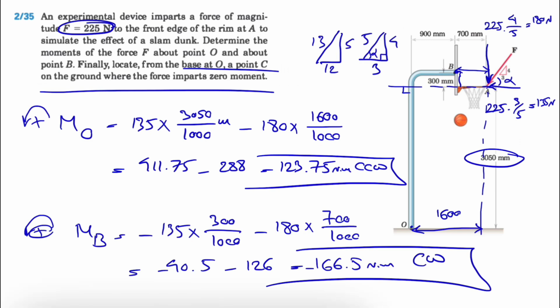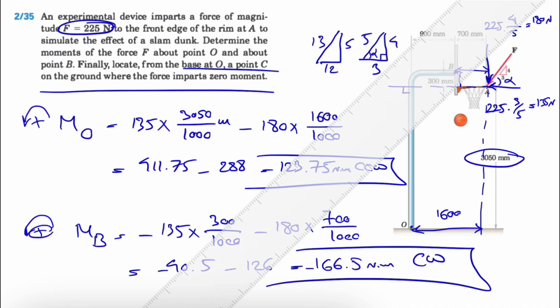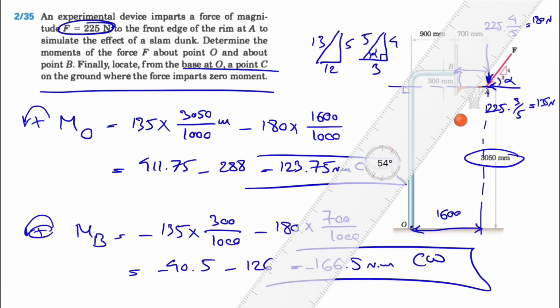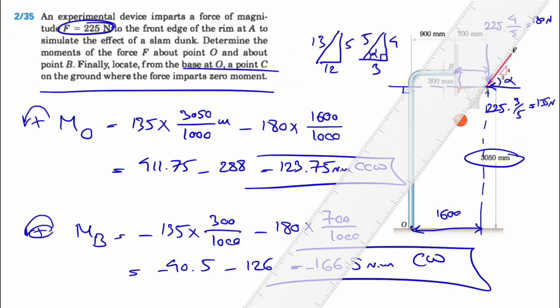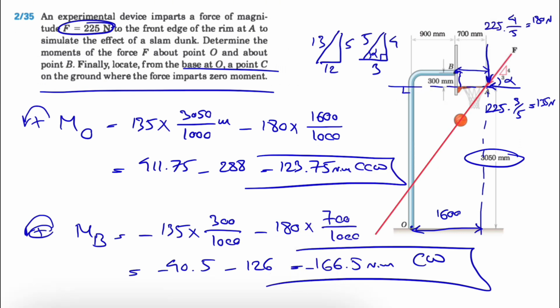If we continue the force in here with the ruler, this will be the line of action of the force. That means our point C, which is located on the ground, has to be somewhere in here, because the line of action passes through point C, so we won't have any moment.